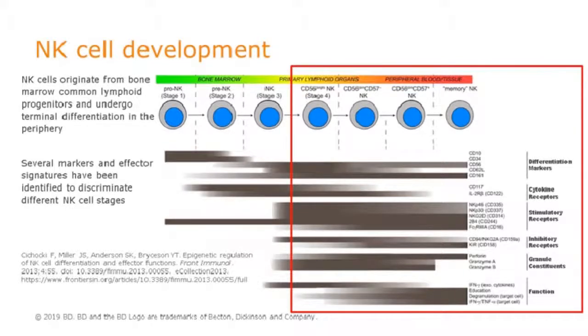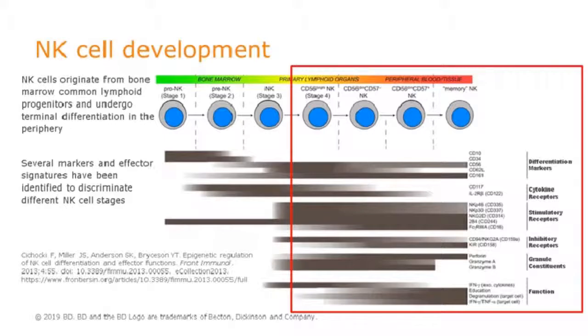If you look in the box, you can see that the expression of various receptors changes across these different subsets of NK cells. To bring attention to some of the markers that we will talk about in this webinar, if you look at the category of inhibitory receptors, you can see, for example, that the heterodimer of CD94 and NKG2A is more highly expressed on the early CD56 high NK cells, and it starts decreasing over maturation.